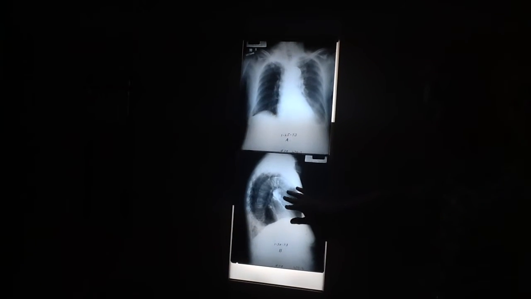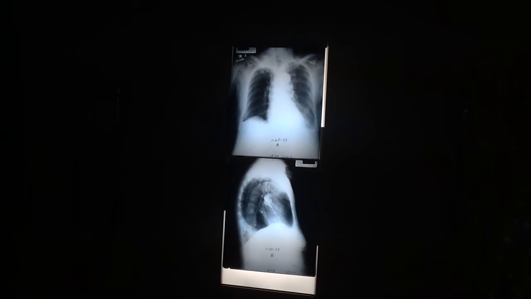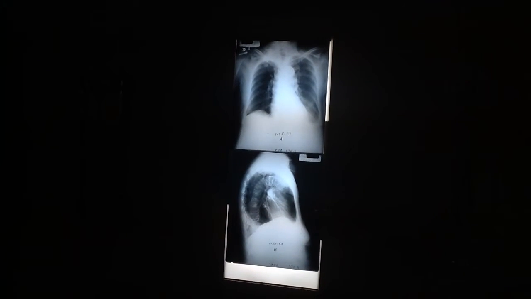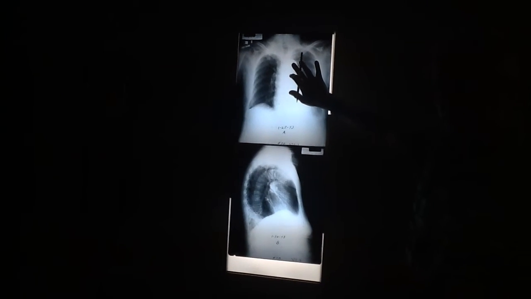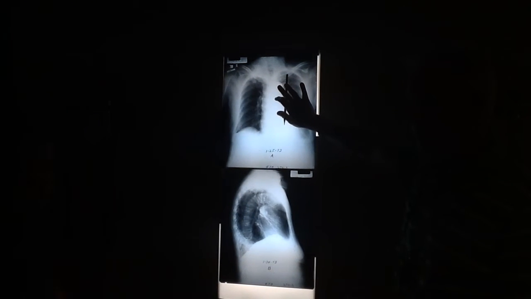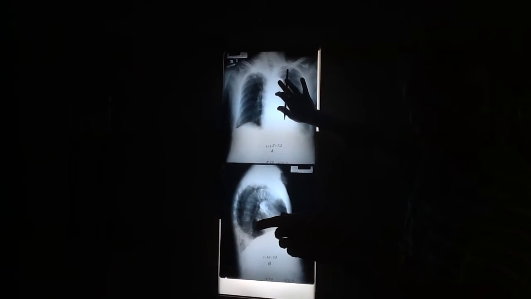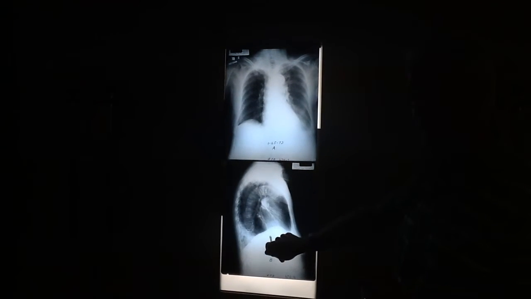From this view, can we tell whether it's right or left? No. Can we tell whether that's right or left? Without this one, no. You actually can. Depending on the heart rate, how's the position of the heart, or what's showing more. Do you see one or two hemidiaphragm here?